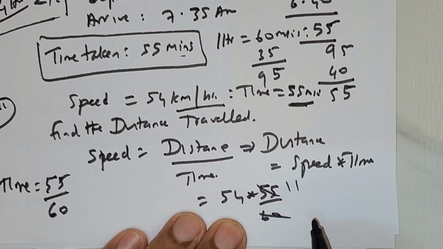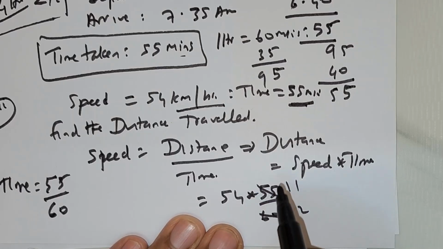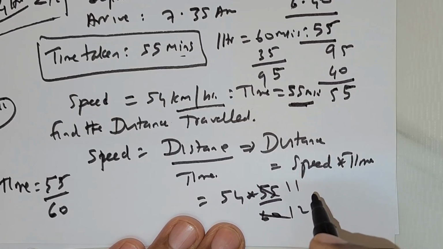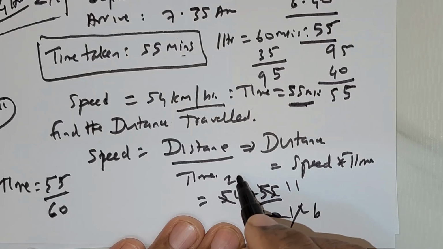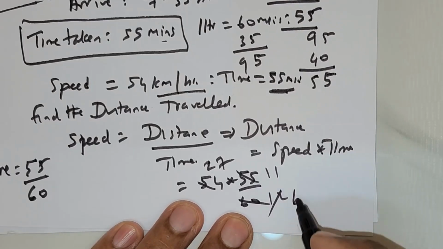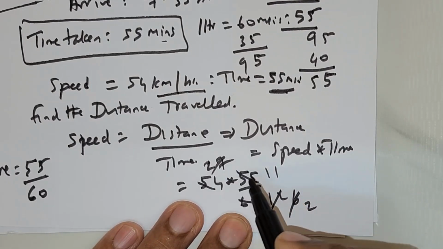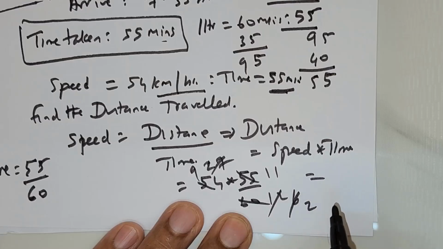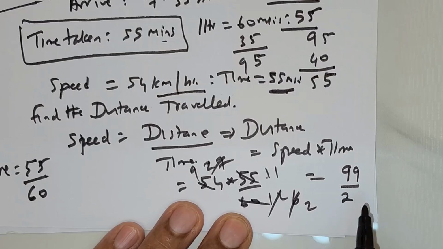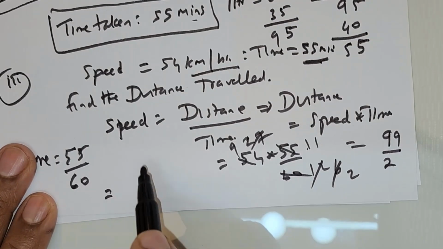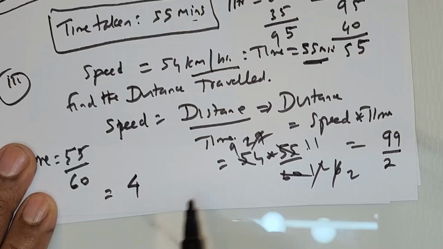Now 5 divides 11 times, 5 divides 12 times. 2 divides here 6 times, 2 divides 2 times, and then you have 7 there. 3 divides 2 times, and 3 divides here 9 times. 9 into 11, what is that? 99 divided by 2. 2 times 4 is 8.